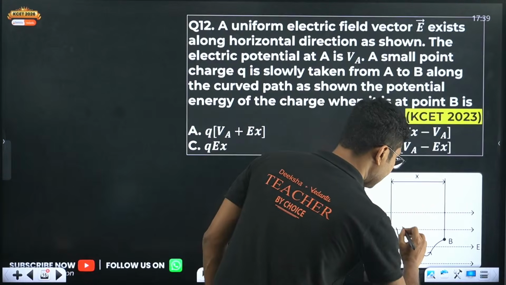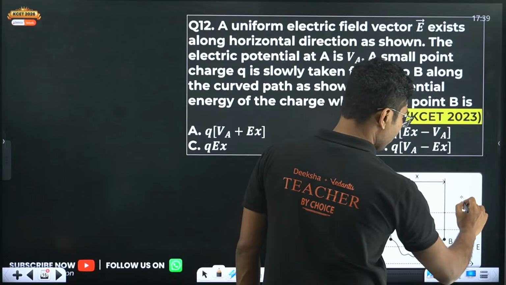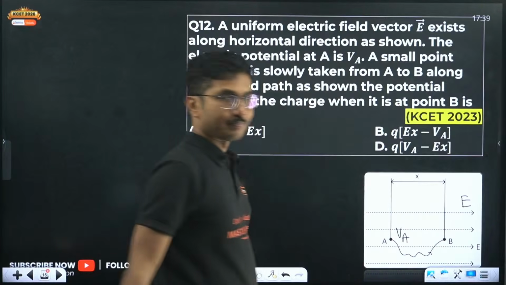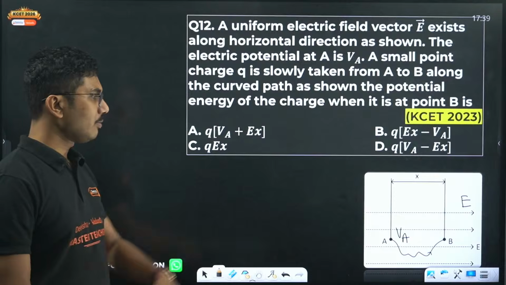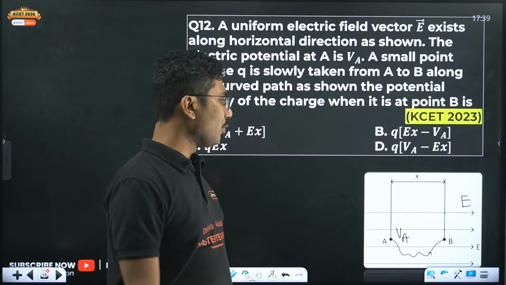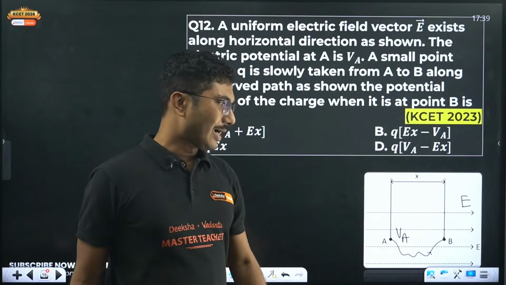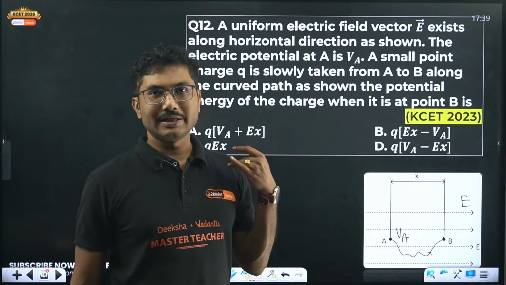The potential at A is given as VA, the distance is given as x, and the constant electric field is given as E. Now they ask what is the energy at point B. What is the energy of a charge in an electric field?